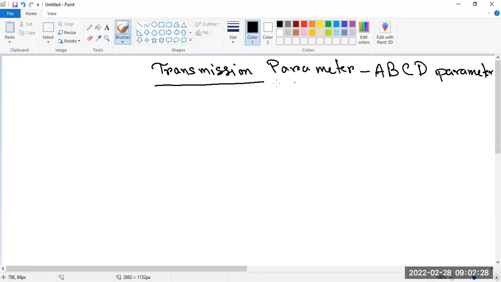From this name, we can understand this parameter is widely used in transmission line, and not only the transmission line, this is also used in telephone line, also used in guided microwave line. This is in the form of normal transmission theory as well as cascade network.